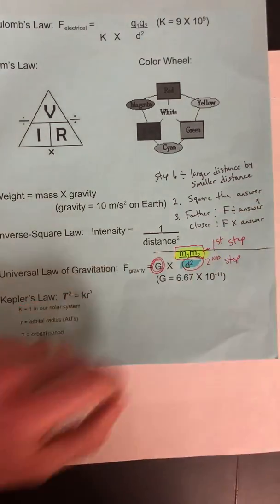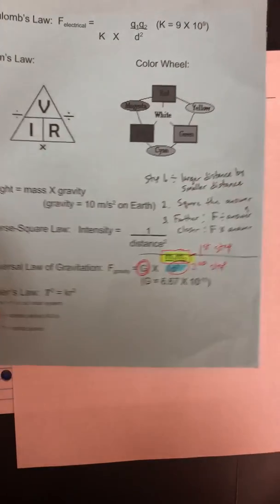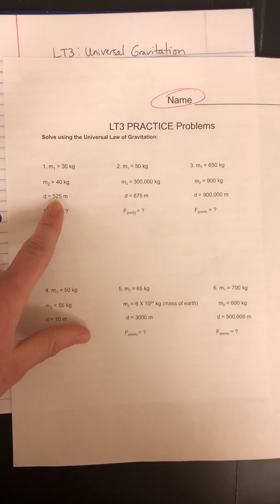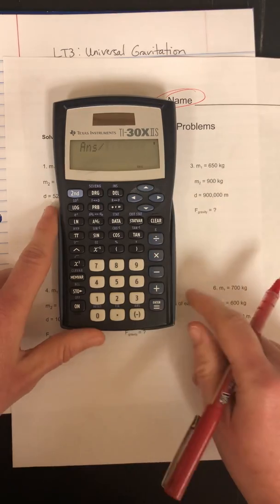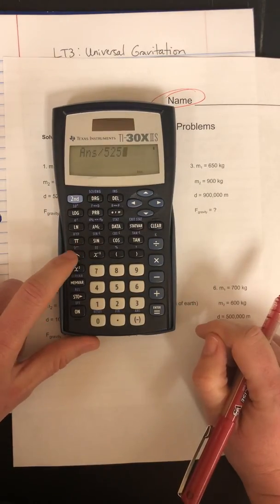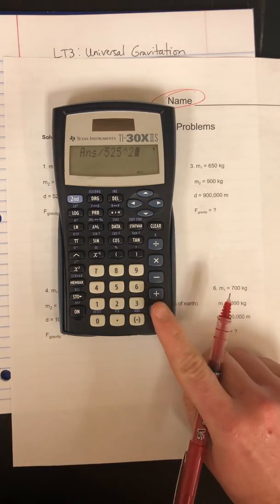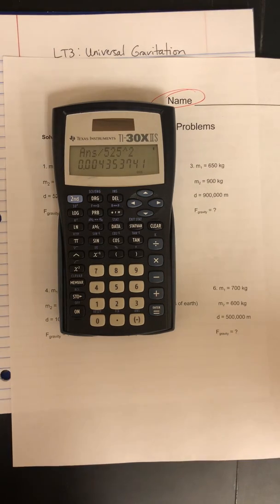Remember, squared. Square law, don't forget the squared part. So our distance in problem 1 is 525. So I've got the 1200 on the screen, divided by 525, remember Miss Narker says, caret 2. 525 caret 2, hit enter, whatever, big old ugly number, doesn't matter.